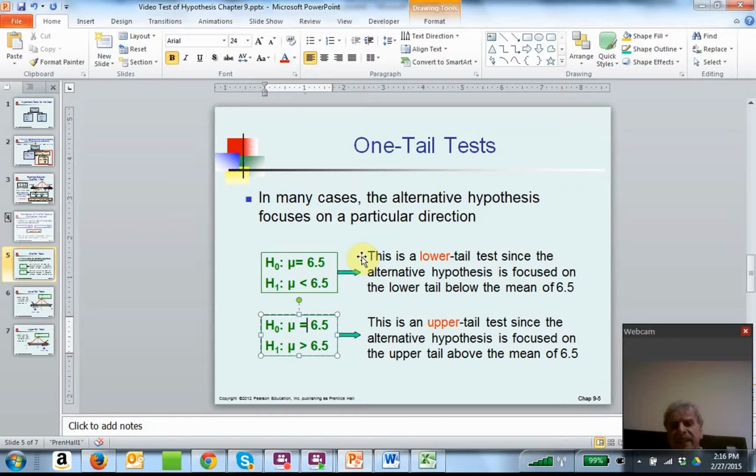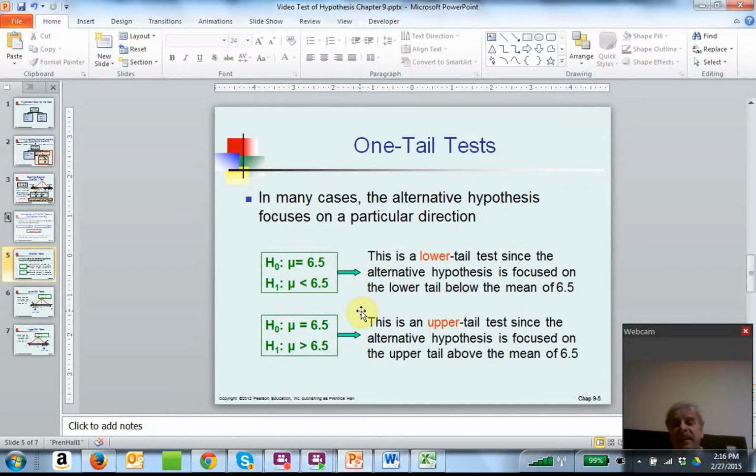And we say, okay, let me read the problem carefully and see what the problem is asking me. If a particular problem asks me to determine if the mean of a population is less than a certain amount or it has been reduced, then right away I know my alternative should be less than. On the other hand, there are some other problems that ask for a different kind of alternative.